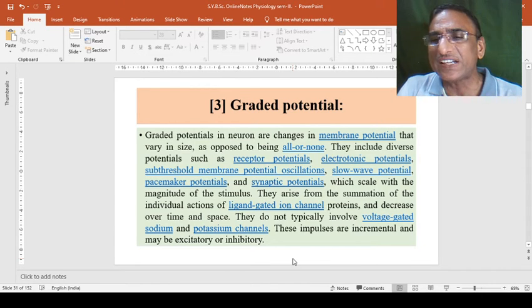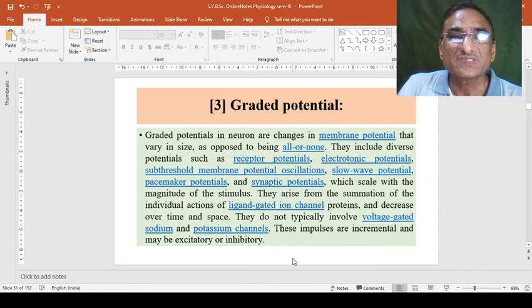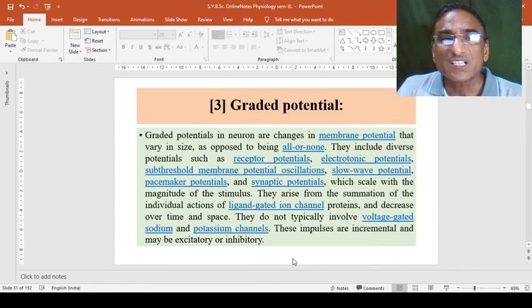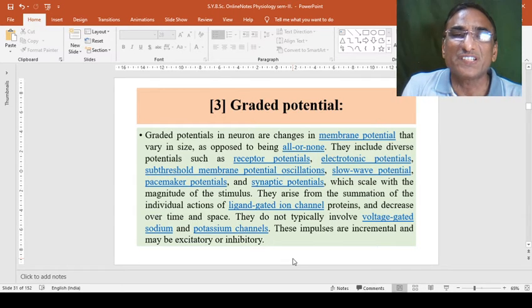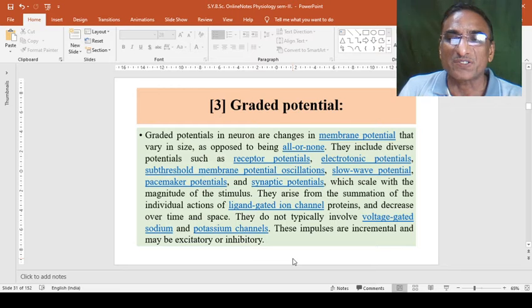These are different types of potentials, and we can arrange them according to the grades of potentiality of the neurons, which is variable in all cells and scales with the magnitude of the stimulus, meaning their activity depends on the receptor of the stimulus.